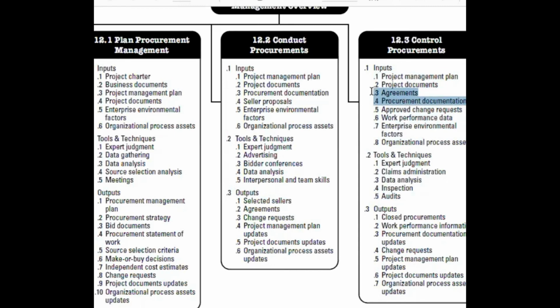You will audit your procurement documentation and agreement, and then you will inspect the product with the help of the procurement document and agreement, to see whether our output is similar to those or not. If yes, you will close the procurement. If no, you will produce a change request to realign the project. That's what I tried to explain to you in project procurement management in detail, and that's how we will finish all the knowledge areas for the revision also.